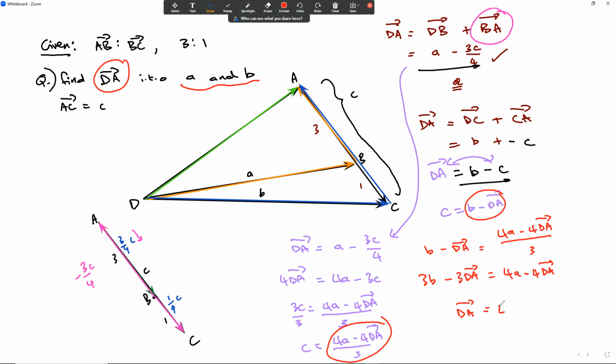And 4a minus 3b is going to be the final answer there. 4a minus 3b would be vector dA in terms of a and b. In terms of a and c, it's that. In terms of b and c, it's that. But in terms of a and b, it's going to be 4a minus 3b.